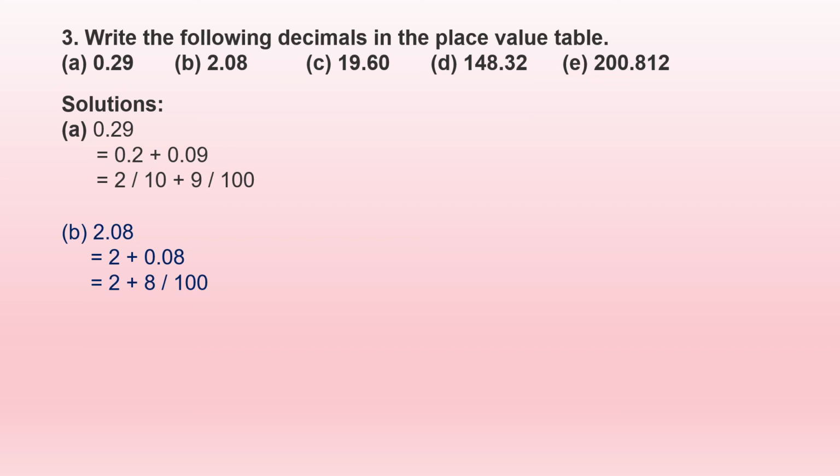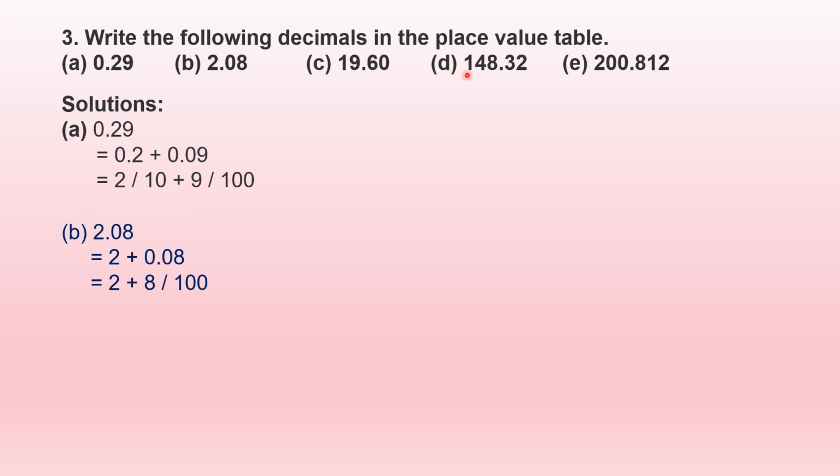Next one, first let us write this, then we can draw the table. 2.08 means 2 is in ones place, 0 in tenths place, 8 in hundredths place. Here 19.60 means 1 is in tens place, 9 in ones place, 6 in tenths place, 0 in hundredths place.